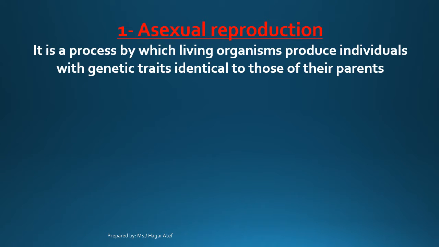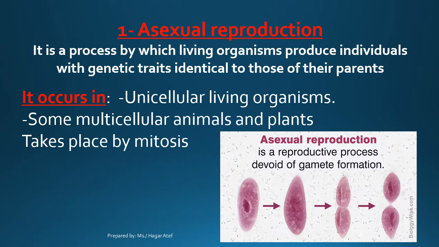Number 1, asexual reproduction. It is a process by which living organisms produce individuals with genetic traits identical to those of their parents. It occurs in unicellular living organisms and some multicellular animals and plants, and takes place by mitosis.